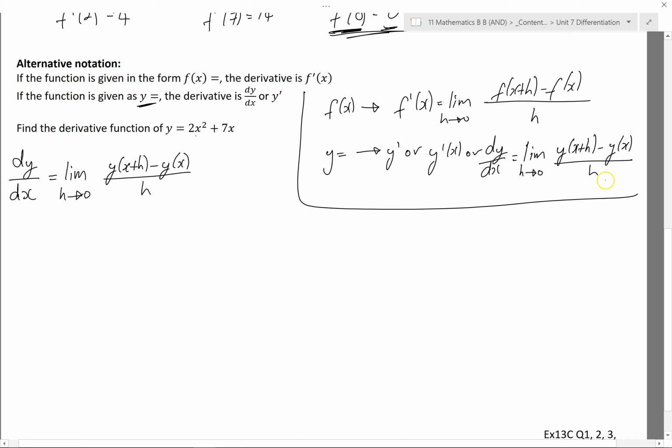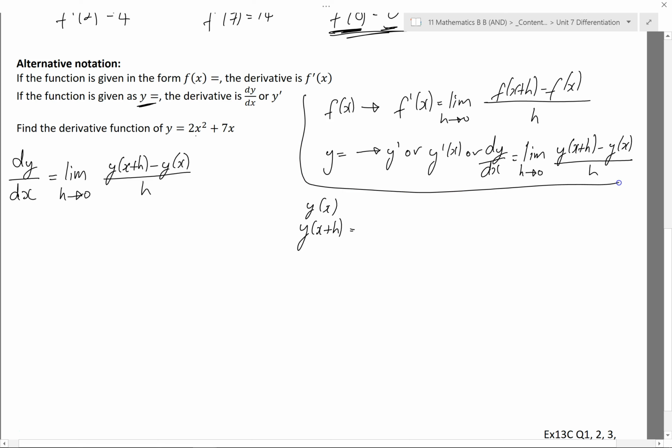Okay, so off to the side here, I'm going to find what's y of x plus h, knowing that y of x is 2x squared plus 7x. Whatever I put in here, I need to do 2 times it squared plus 7 times it. So 2 times whatever this is squared plus 7 times it.